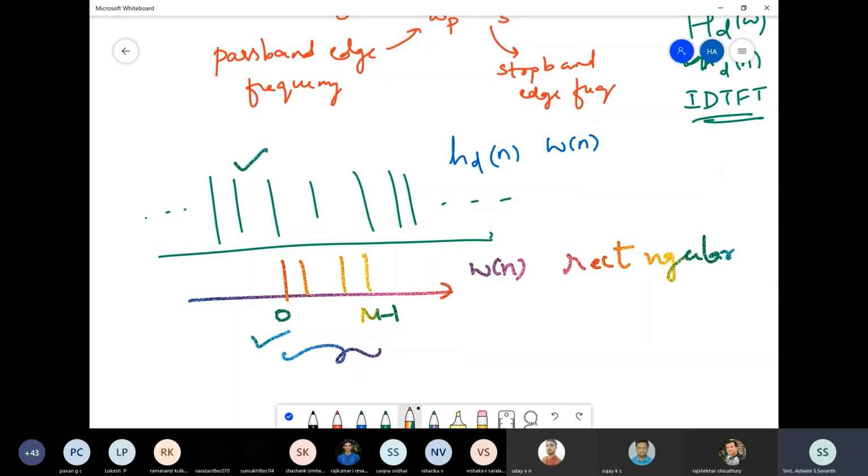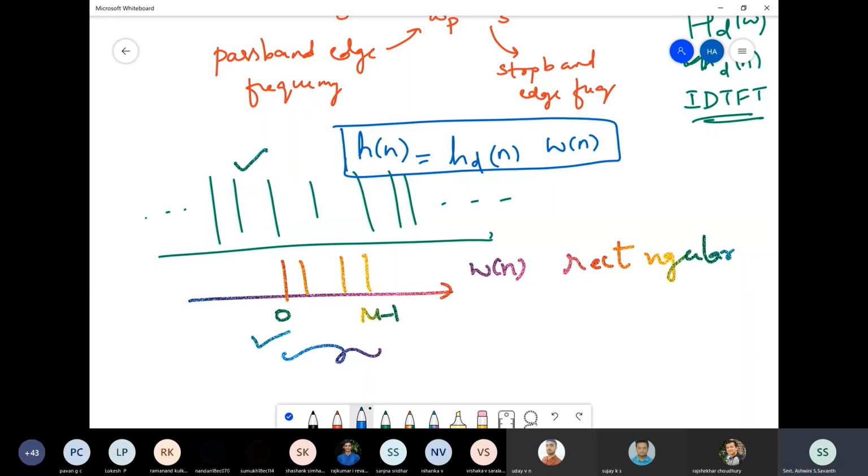So then what we obtain is a finite duration sequence, and that is the desired h of n for us, the filter coefficients of the FIR filter that we have obtained. Since you are multiplying the HD of n with a window function, this technique is called the window technique.